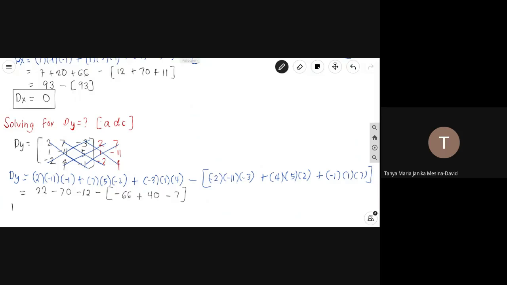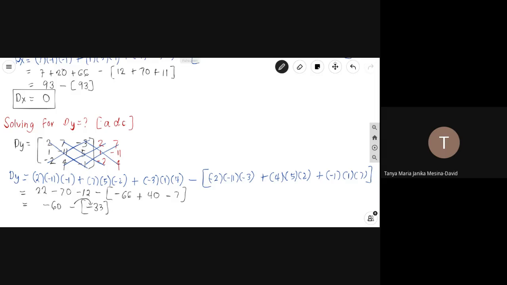Now let us simplify further. Then we will have 22 minus 70 minus 12 gives us negative 60, minus, we have negative 66 plus 40 minus 7. That gives us negative 33.